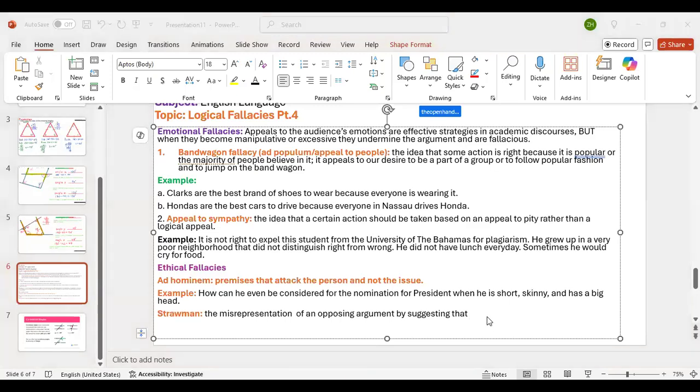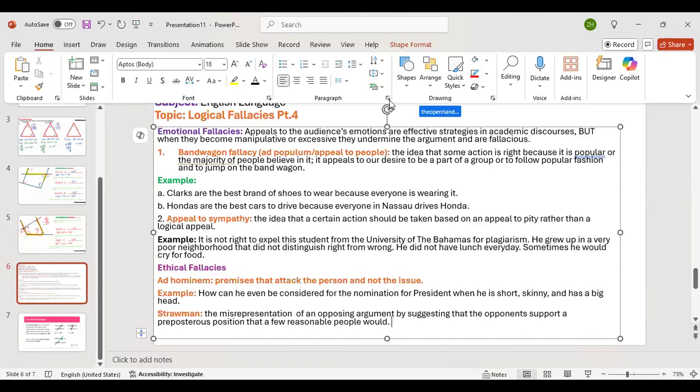Please stop it. A straw man attack is by suggesting that the opponent supports a preposterous position that few reasonable people would.